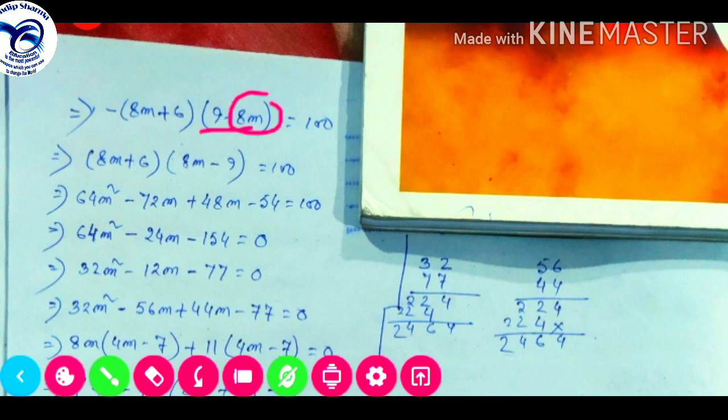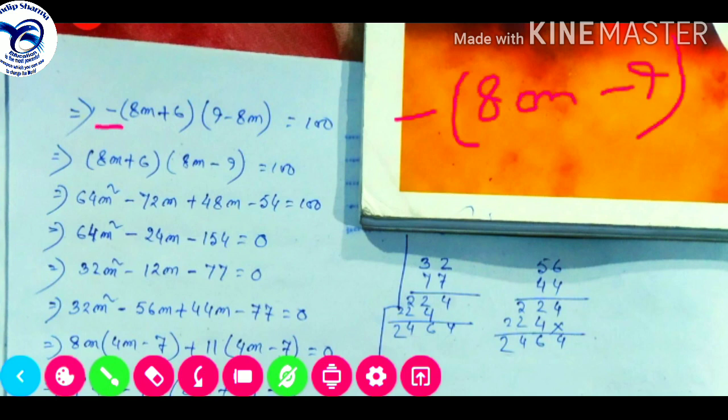If we make this one positive, it will be minus 8m and minus 9. Before also minus is there, so minus minus, this minus and this minus will be plus, so 8m plus 6 and 8m minus 9 will remain.